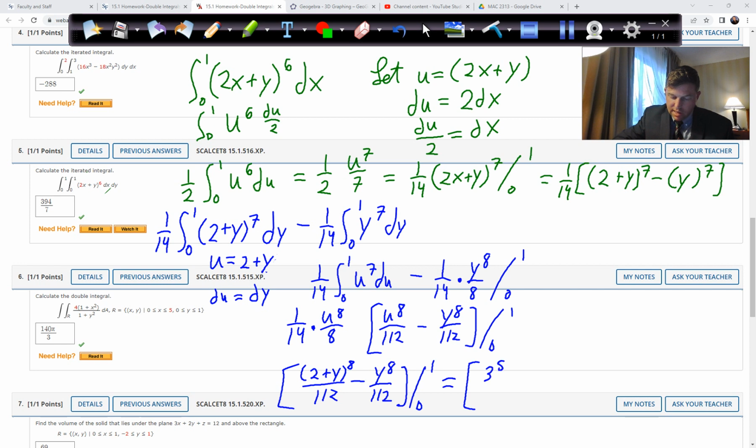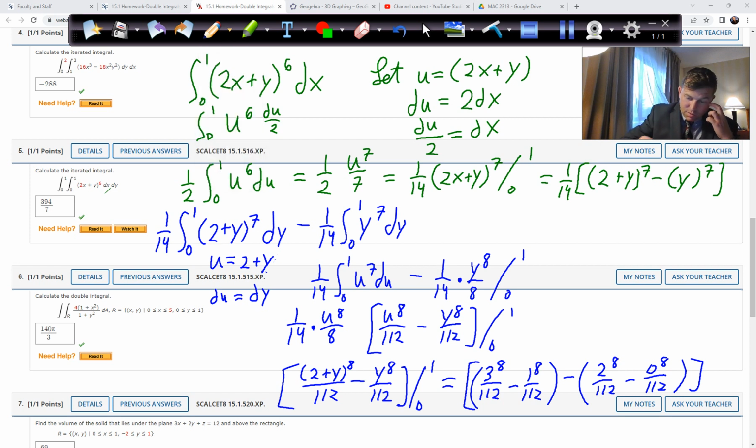This will be 3 to the 8th over 112 minus 1 to the 8th over 112, minus, plug in 0 now, that's going to give us 2 to the 8th over 112 minus 0 to the 8th over 112.